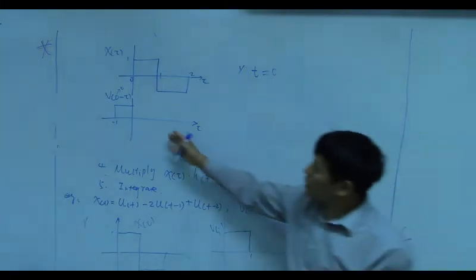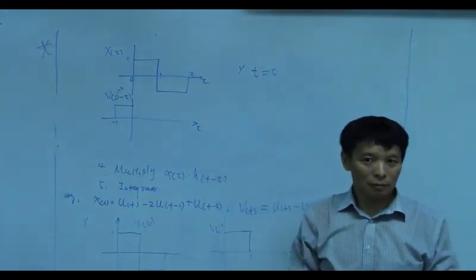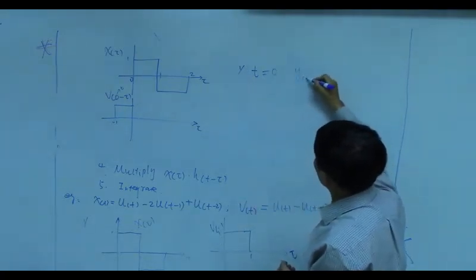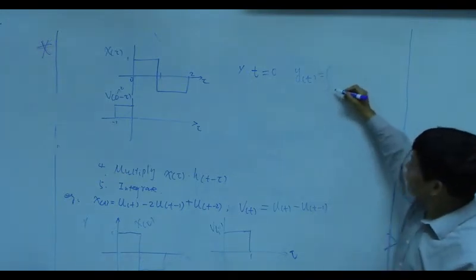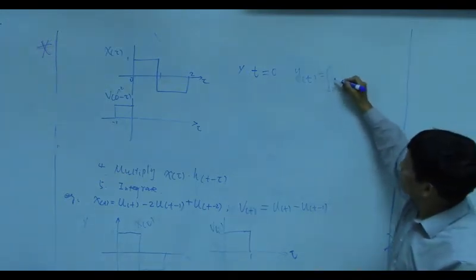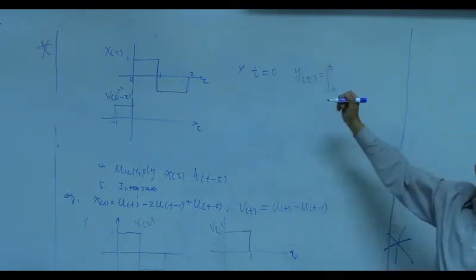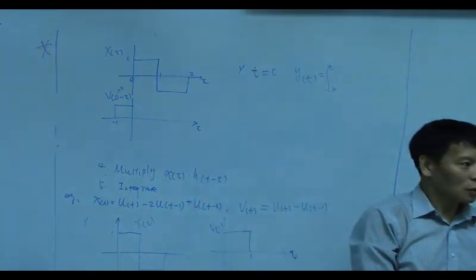we need to multiply these two signals, then do the integration. So when t equals 0, it equals the integration from negative infinity to t of this signal multiplied by this signal. What is it?